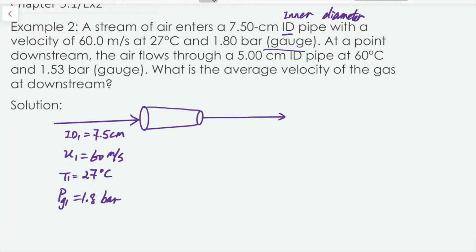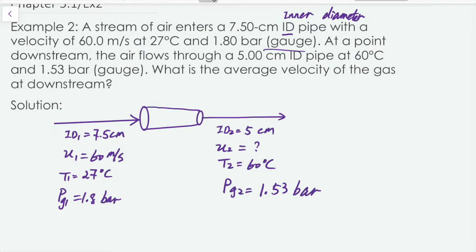And ID2 is 5. Velocity we don't know. And temperature 2 is 60. And again, this gauge pressure is 1.53 bar.